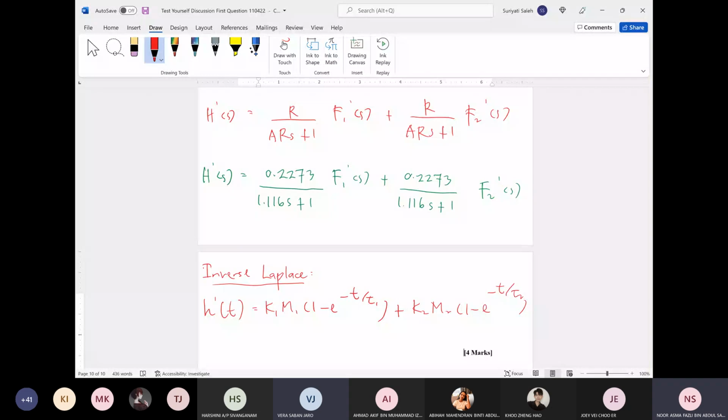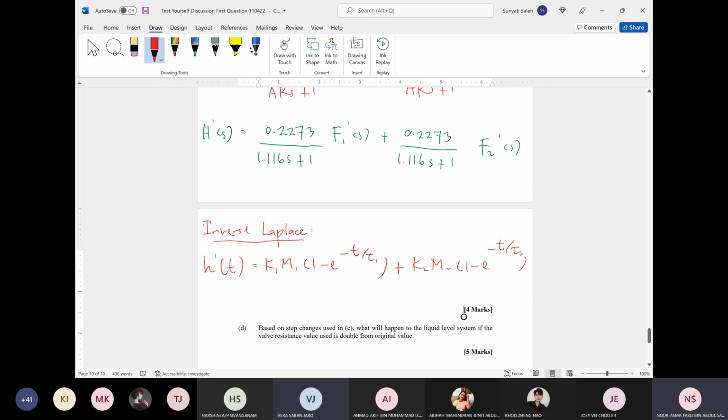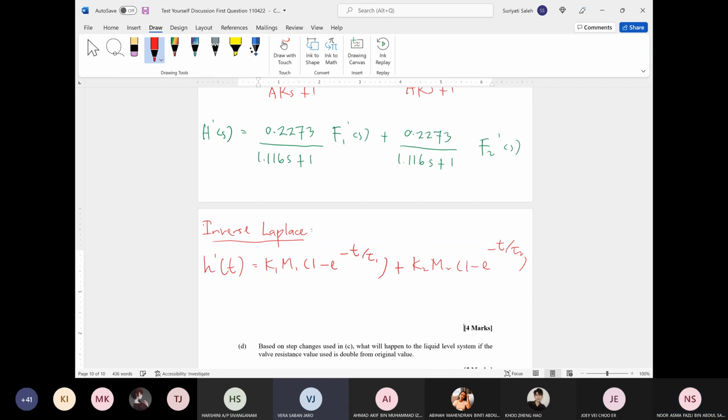This is the inverse Laplace for the given transfer function. Since it has the standard form of first order, we can straight away take the inverse Laplace form. Why did I put 2? Because you have two transfer functions, so one each for the transfer function.